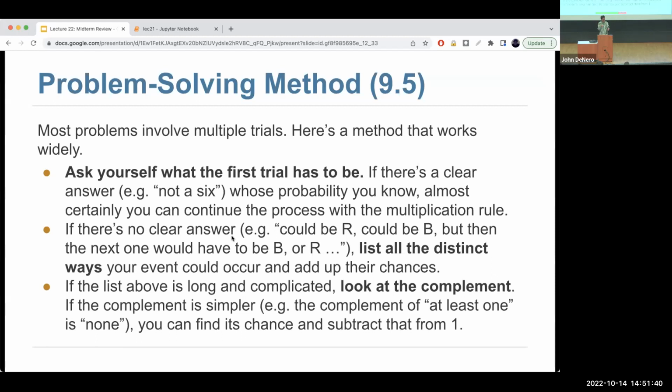If there's no clear answer, like if it's the chance of the sum being 10 when you roll a die twice, you don't know what the first roll was. Could have been 4, could have been 5, could have been 6. You want to list out all the distinct ways your event could occur and add up their chances.